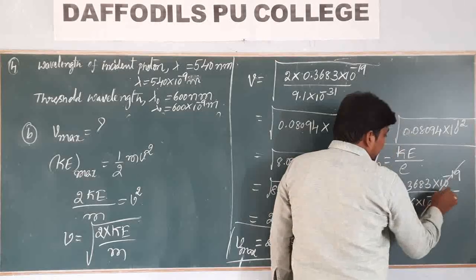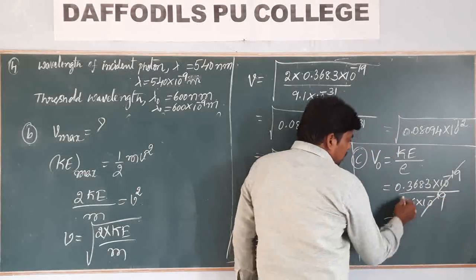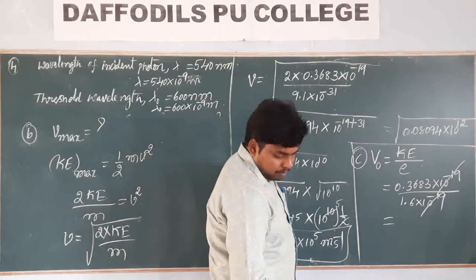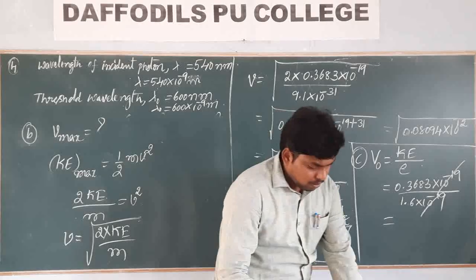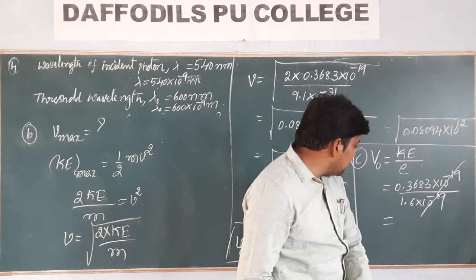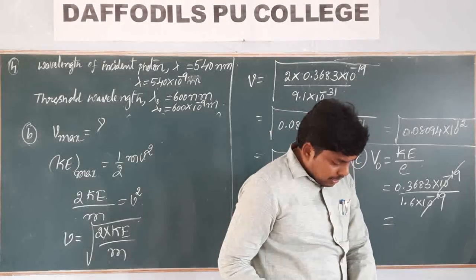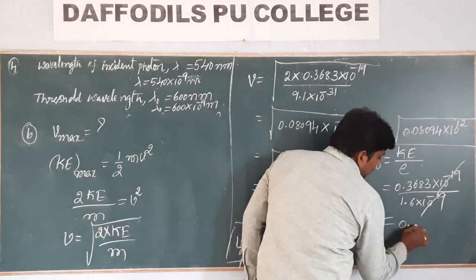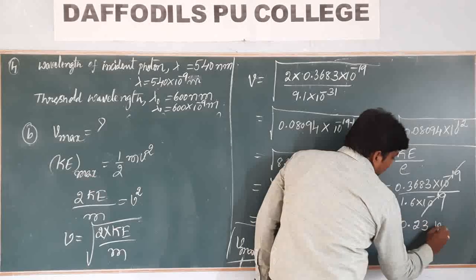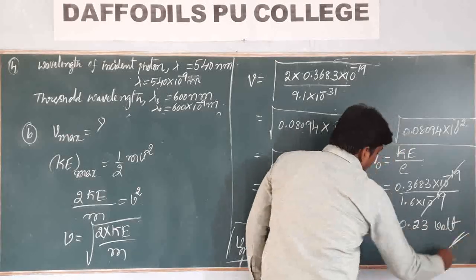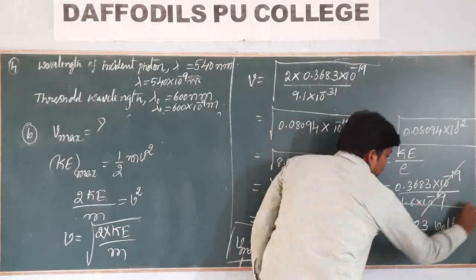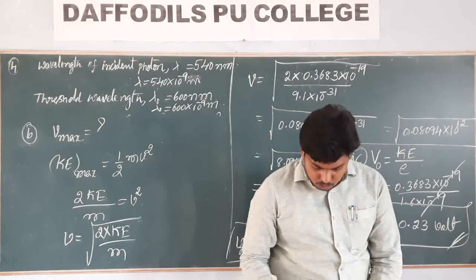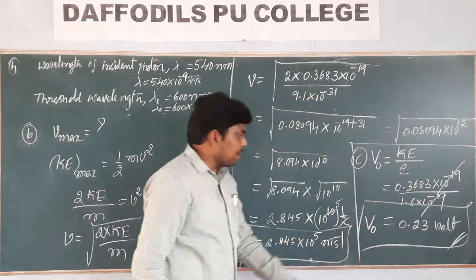The 10 to the power minus 19 terms get cancelled. 0.3683 divided by 1.6 is about 0.23. What is the unit of the stopping potential? Volt. Stopping potential is 0.23 volt. Now we got the stopping potential.